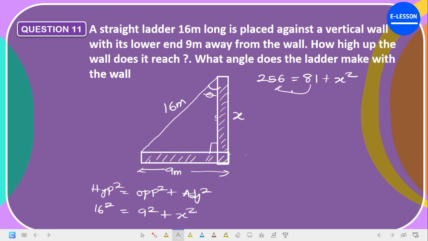To make s the subject of the formula, let 81 cross to this side of the equation.